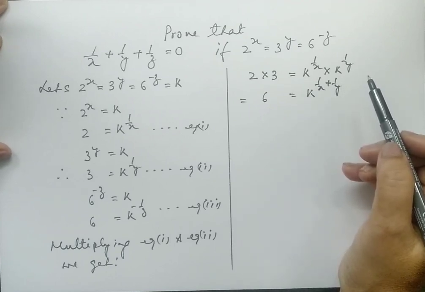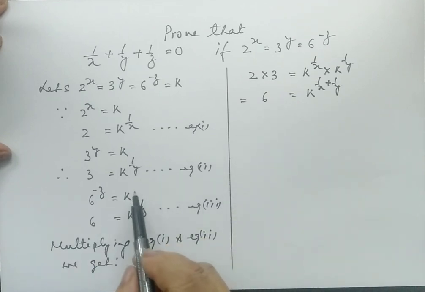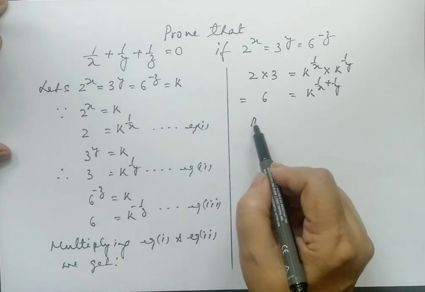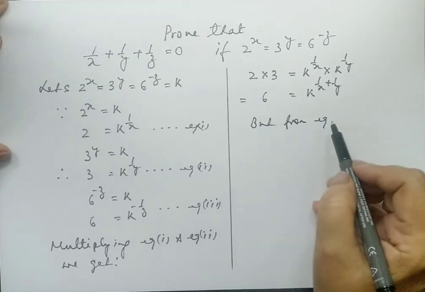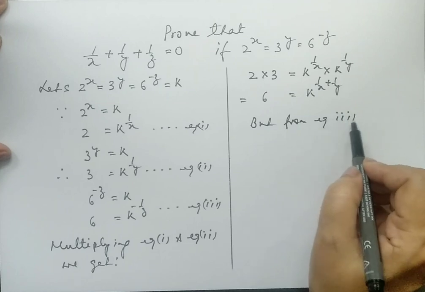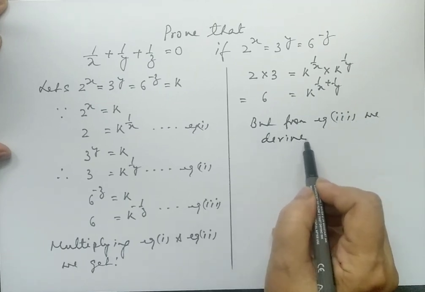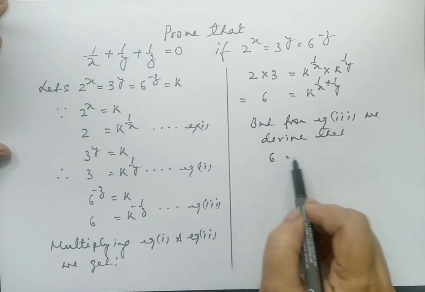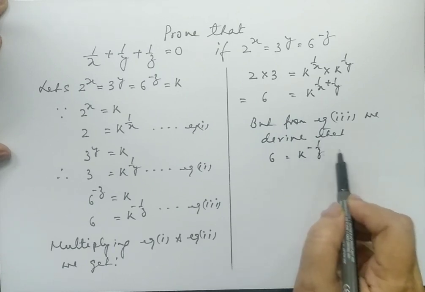Alright guys, but do we not know that 6 is also equal to k to the power minus 1 by z? From equation 3 we derive that 6 is equal to k to the power minus 1 by z.